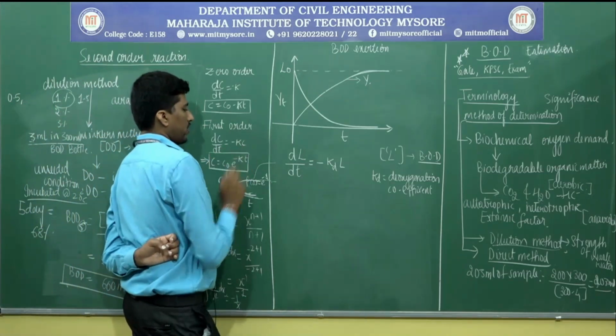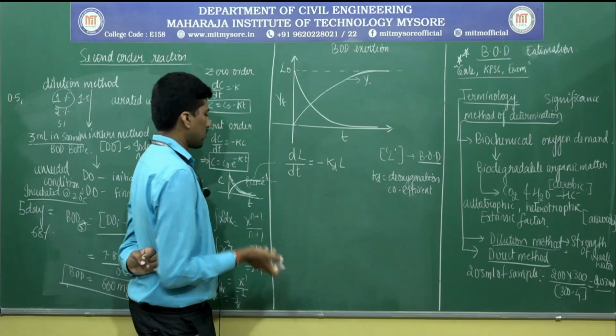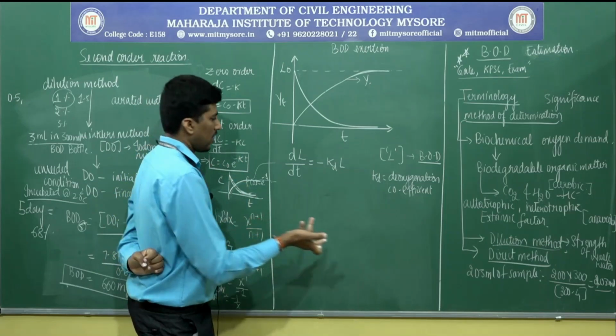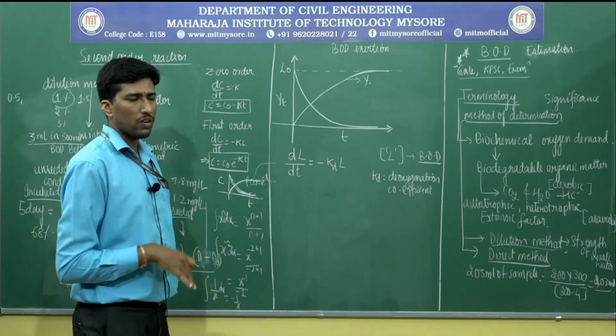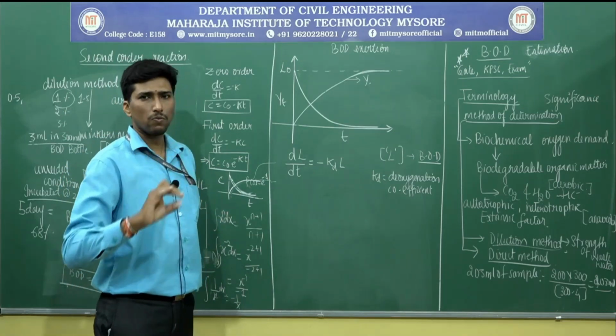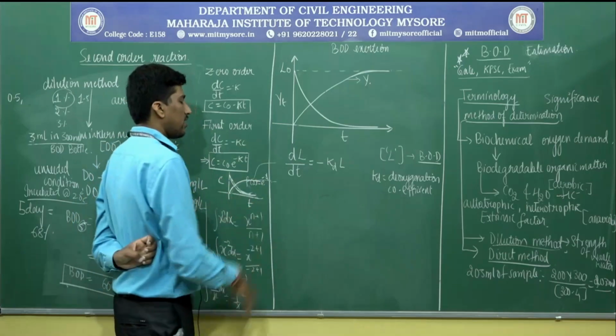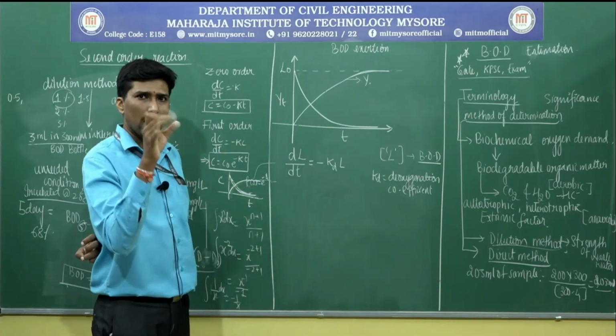If I know that dC by dt is equal to minus kc, similarly, you know the expression, go for an integration method. At time t equal to 0, c will be equal to c naught. At time t equal to t, c will be equal to c. Similarly, here also when time t is equal to 0, L is equal to L naught.